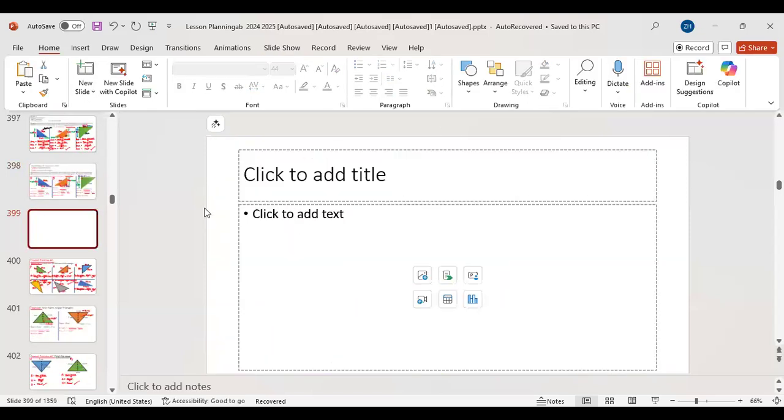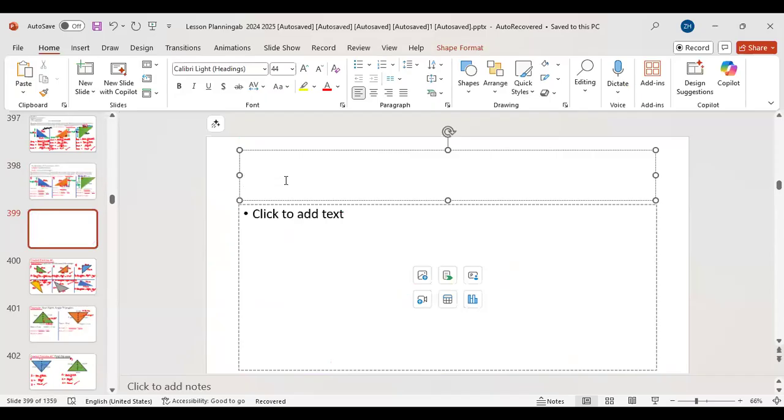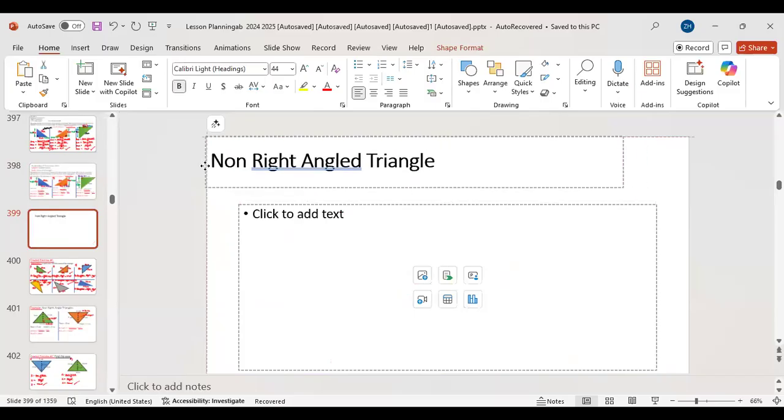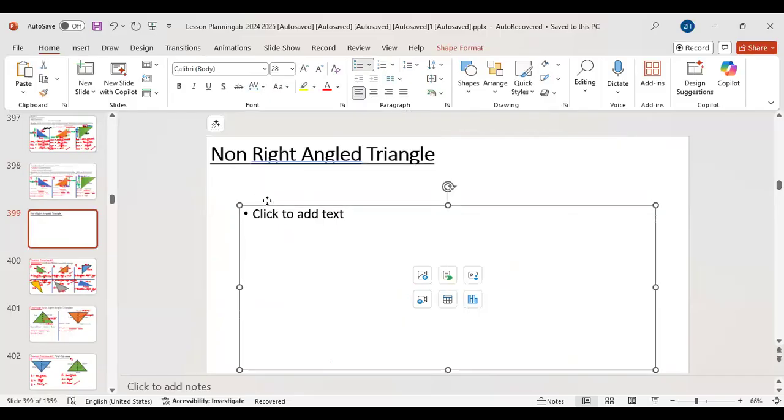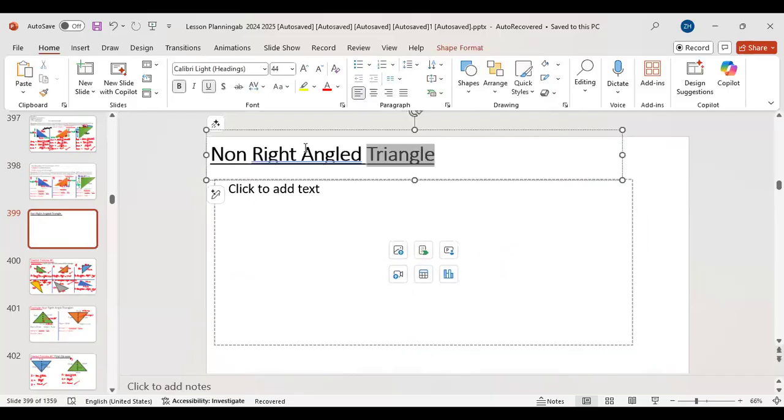All of these here are right angle triangles. What if I give you a non-right angle triangle? What if it's just a regular triangle that is not a right angle triangle? What if I give you something like that?